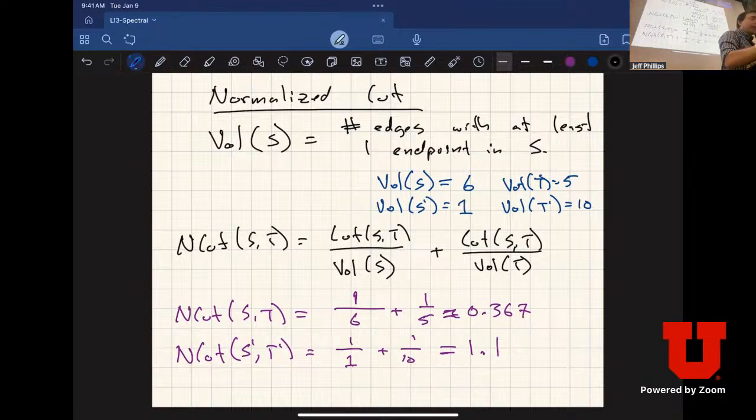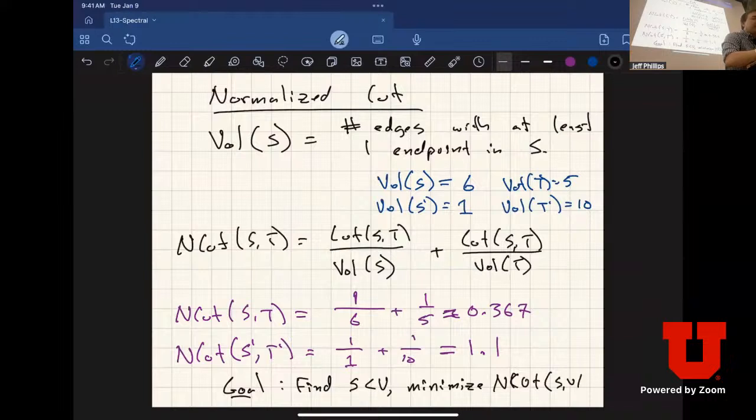So the goal is to find S subset of V to minimize the normalized cut of S, V minus S, and then recurse.